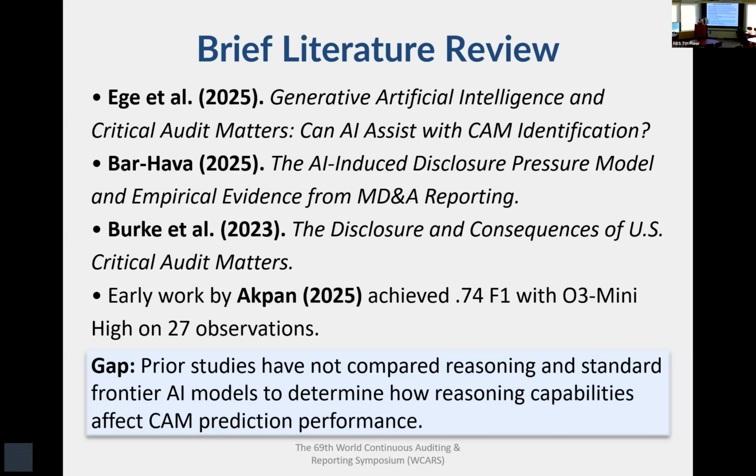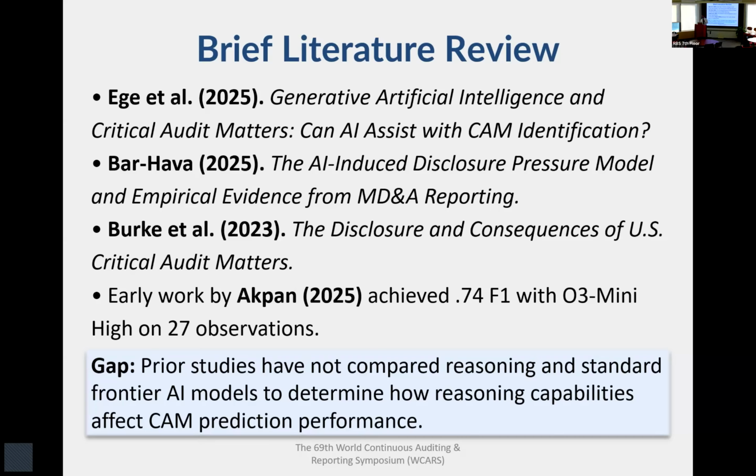He put these pressures into three categories: exposure pressure, competitive pressure, and reputational pressure. This paper was one of the reasons why we chose to use the MD&A as our source.